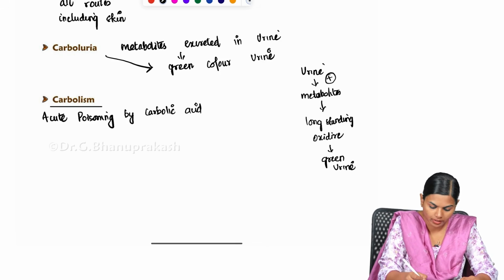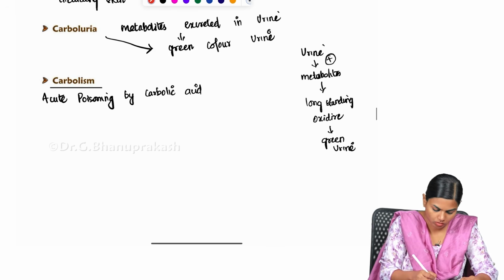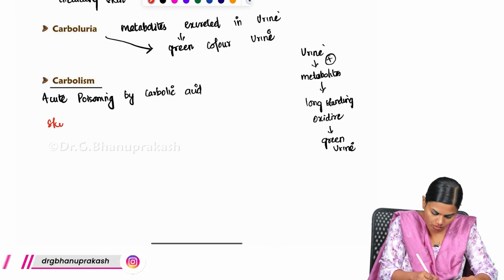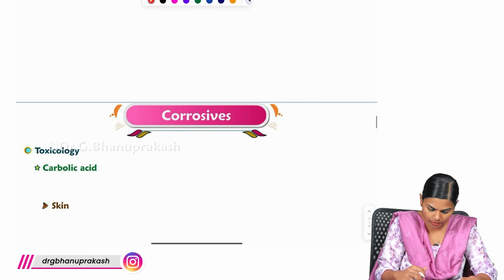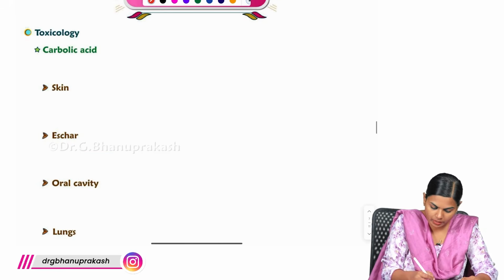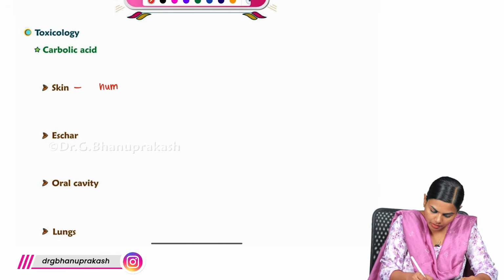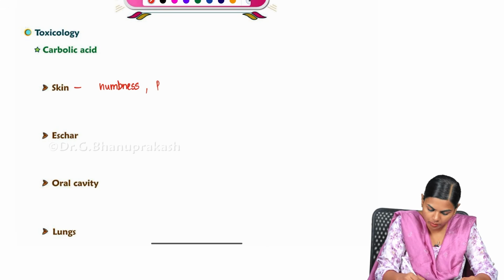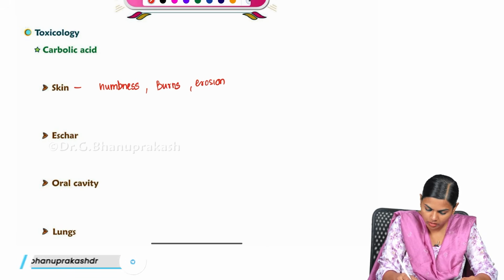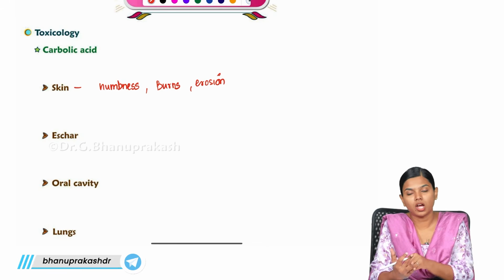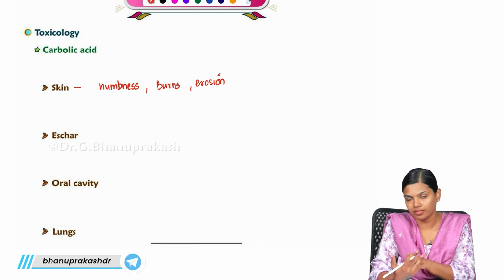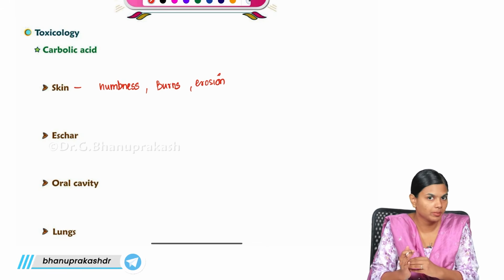So what all can you get? There will be skin changes. Whenever there is contact with the skin, you will be getting numbness and there will be burns and erosion. This carbolic acid will directly affect the peripheral nerve fibers and lead to numbness.